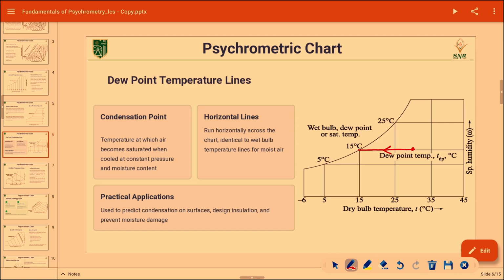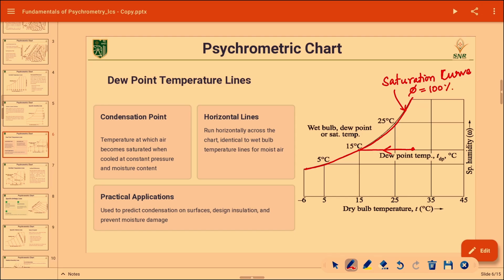a horizontal line till it hits this curve. This curve is called the saturation curve. I think by this time you should know the meaning of the term saturation, saturated air, or saturation curve, where along this curve relative humidity is 1 or 100%.